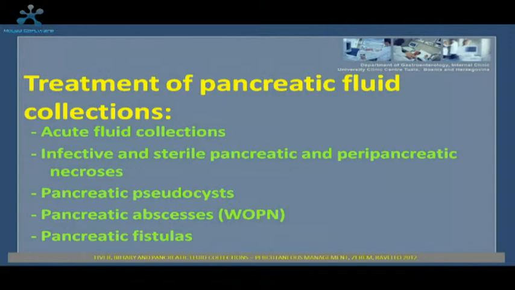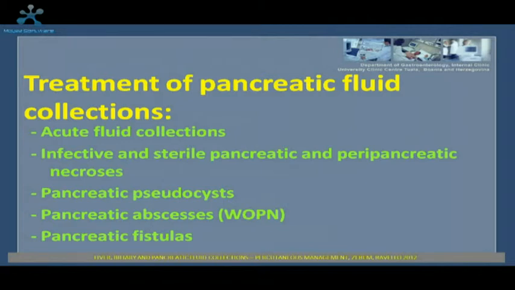Pancreatic fluid collection can be associated with acute or chronic pancreatitis, pancreatic ulcer, or pancreatic trauma, but much more often they are caused by acute pancreatitis. Acute pancreatitis is a very complex disease, and despite the existence of several clinical and radiological criteria for assessment of its severity, it is hard to predict its subsequent course.